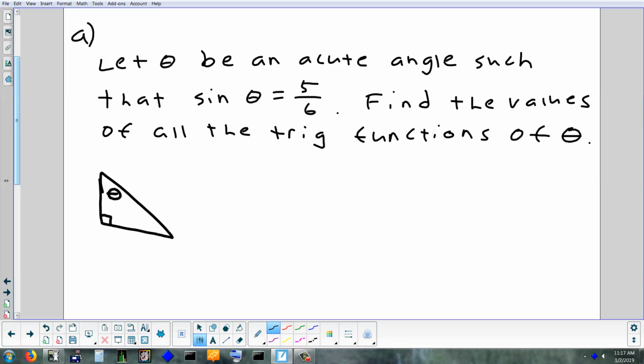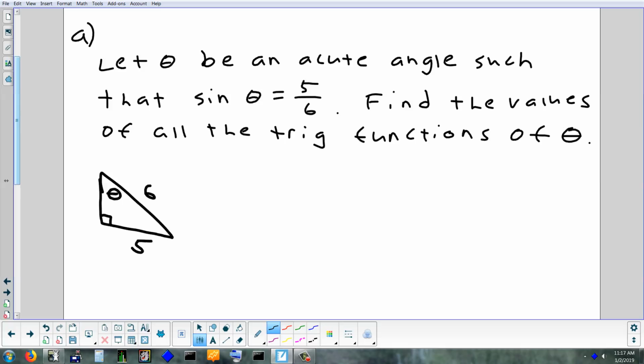It would be the opposite. It's the opposite. So in this picture, where's opposite? The bottom line. And how about the 6? What side is that one? Yeah, Rachel. Hypotenuse. It's the hypotenuse, and that's across from the 90.